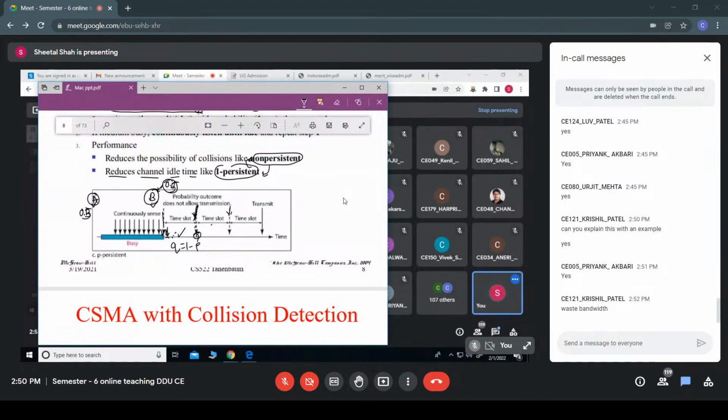Either the first bit or the last bit is collided, it doesn't matter. As soon as the collision is detected, the station has to stop transmitting that particular frame. Are you getting my point?